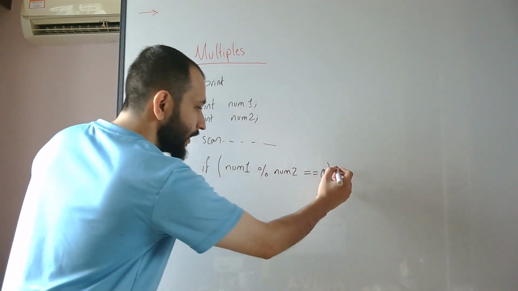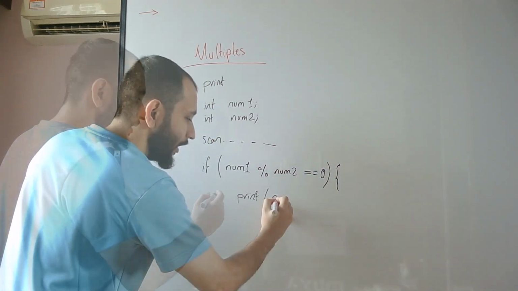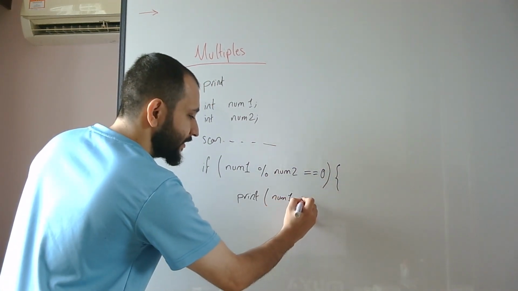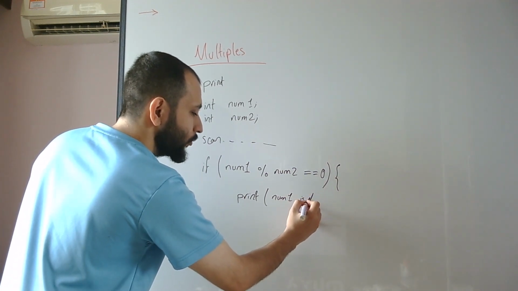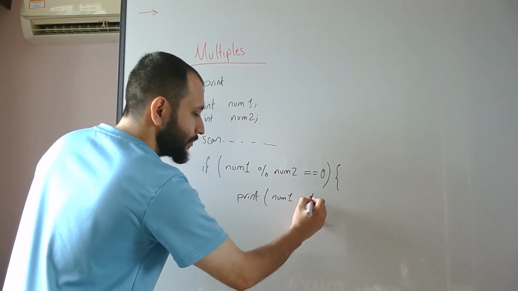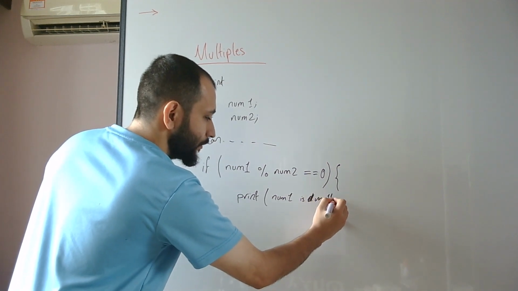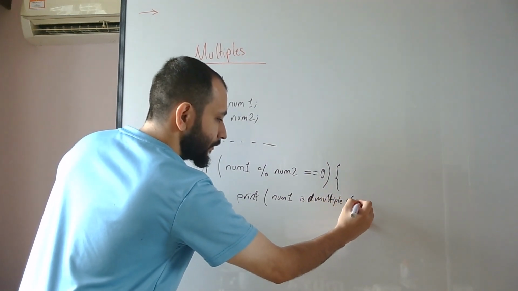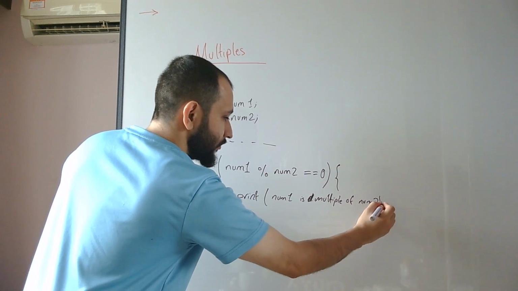So then we can say that num1 is a multiple of num2. This we can write.